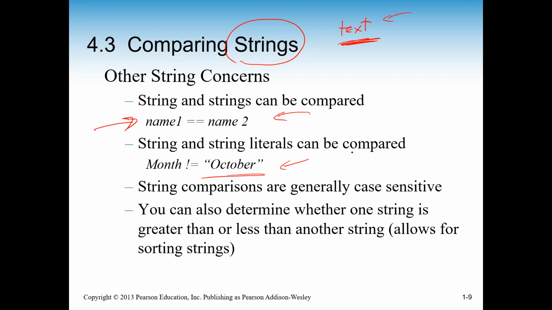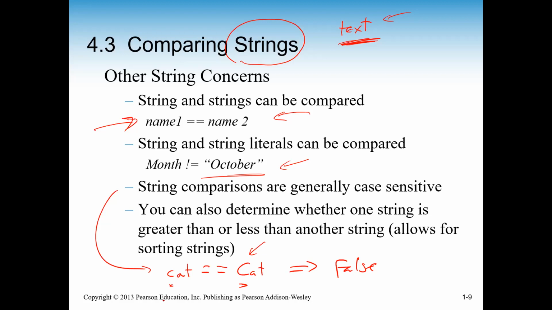Case sensitive here means that cat and Cat, notice the uppercase over here and lowercase here, are not equal. If you compare them, this is going to return false, right? Because they're not equal. Remember that in the ASCII table, these will have different numbers for a lowercase c versus an uppercase c.